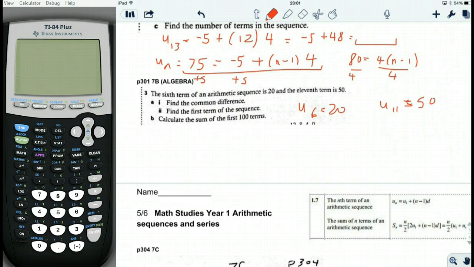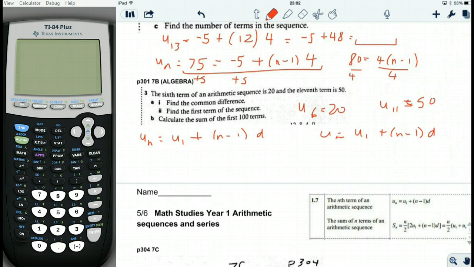To find the common difference, you're going to use the formula again. But you're going to do it twice, because you have U6 and you have U11. You don't have U1. So we'll write the formula twice, and then we'll just substitute in what we have here. U1 plus n minus 1 times d.